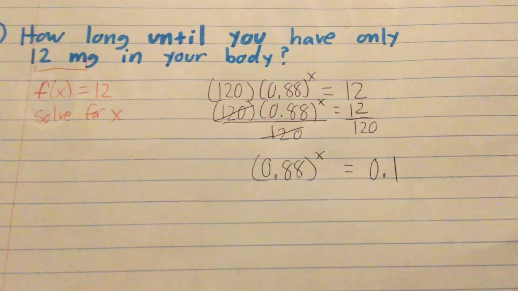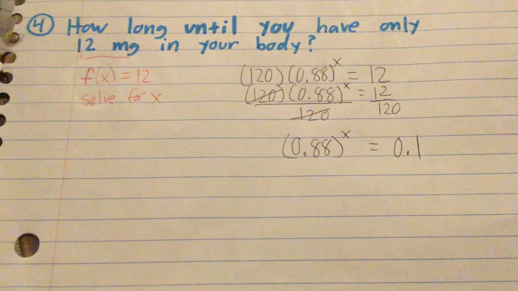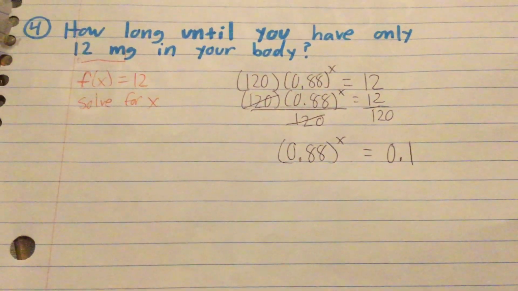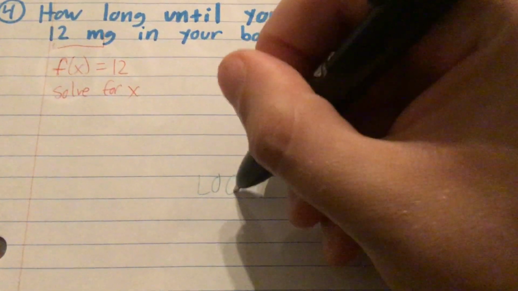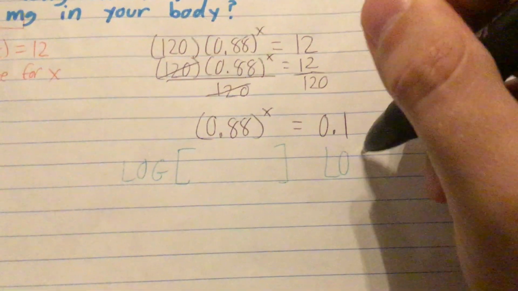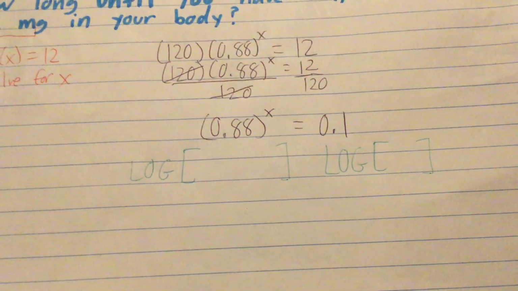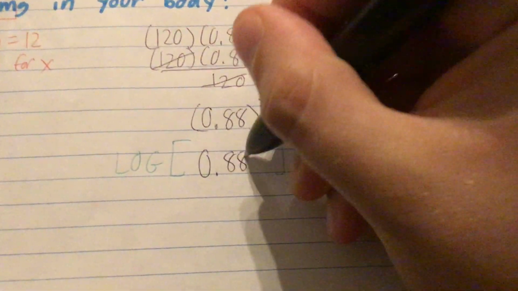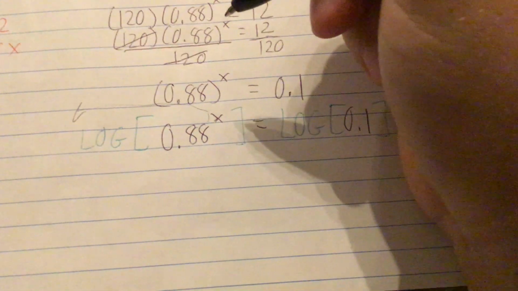Okay, so now what can I do to get that x easy to solve? What have we been doing this whole time? Let's apply log to both sides of the equation. Because what's the most important rule? The power factor rule. So now that I've got 0.88 to the x power and apply log to both sides, that x flies to the front.